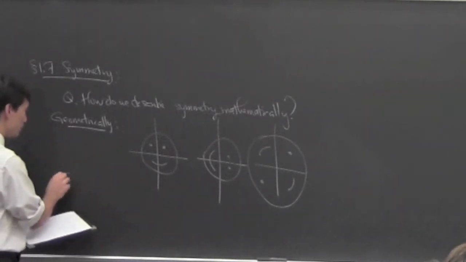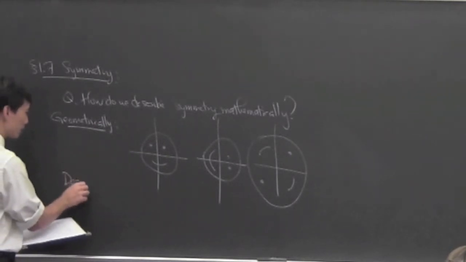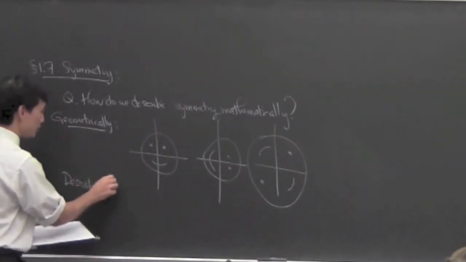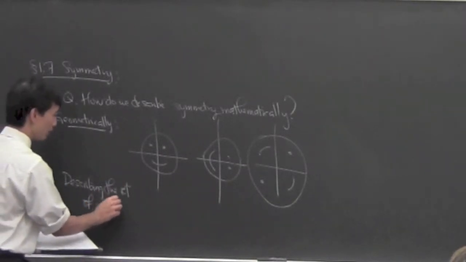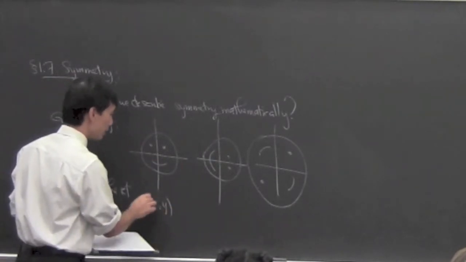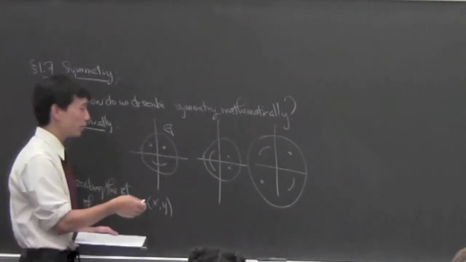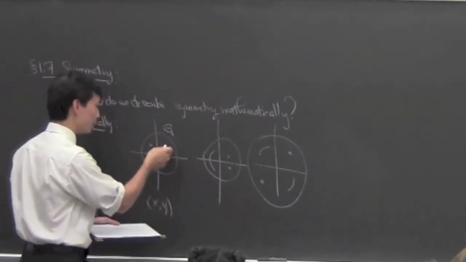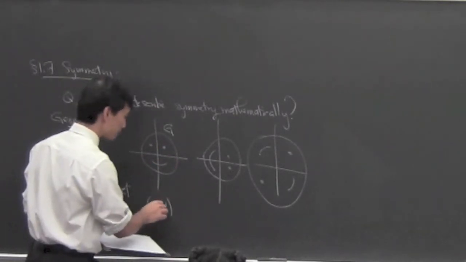How do we describe it? So, describing the set of points, let's call this set of points G, the collection of all the points in this graph.